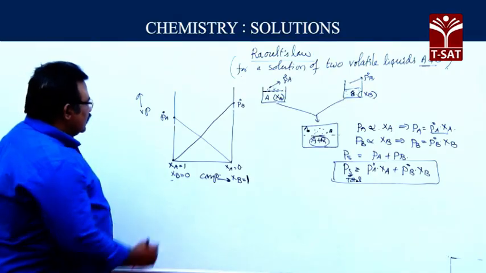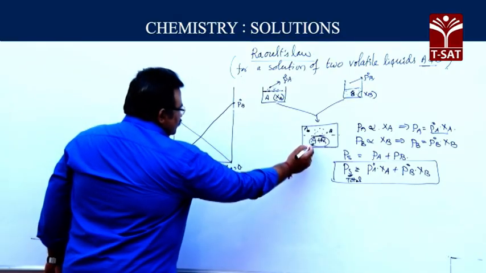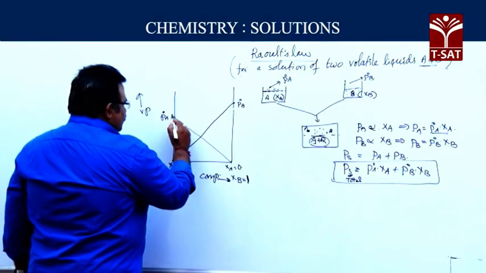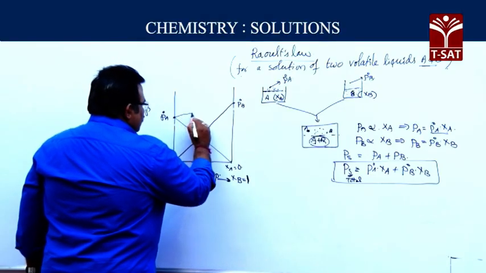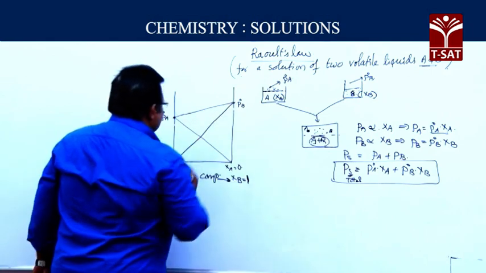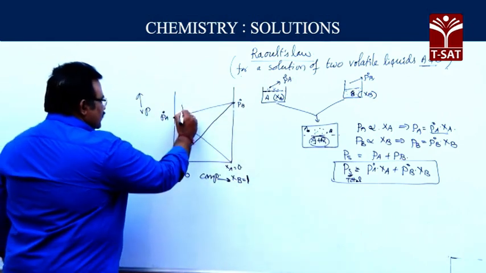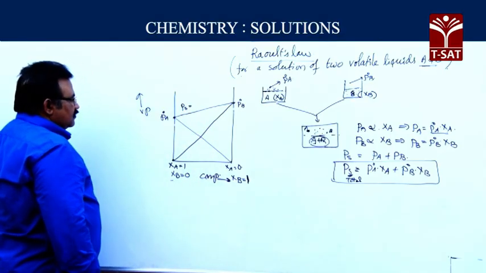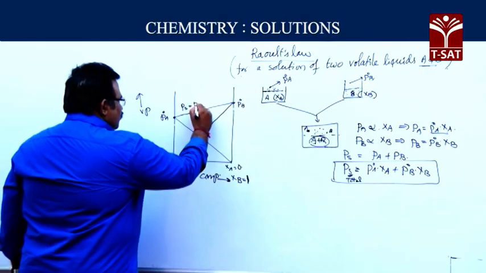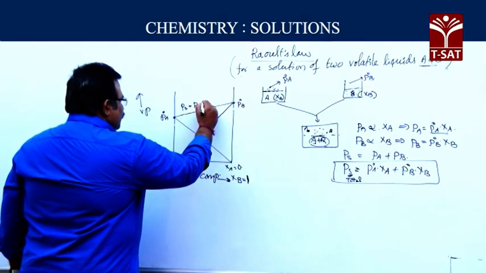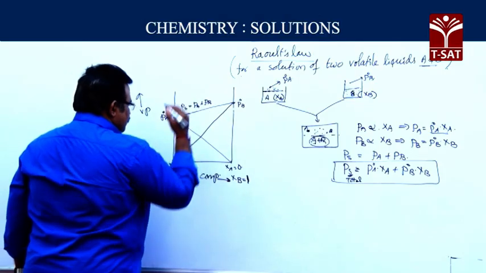Now, the total vapor pressure of the AB liquid mixture is given by this linear graph. So, total vapor pressure PS is equal to PA plus PB.